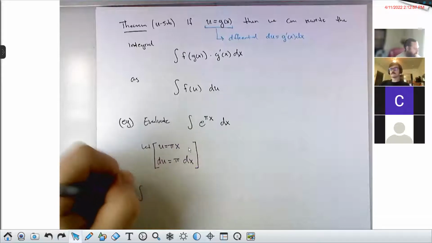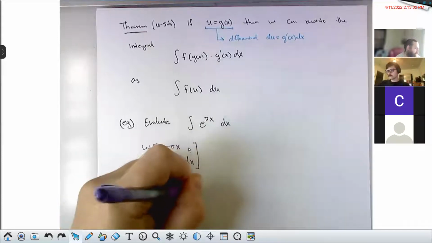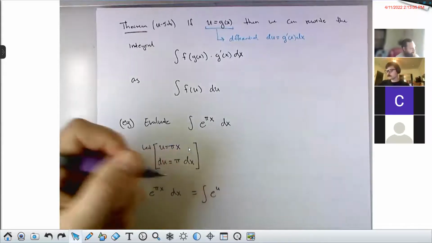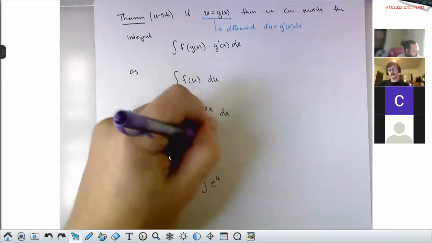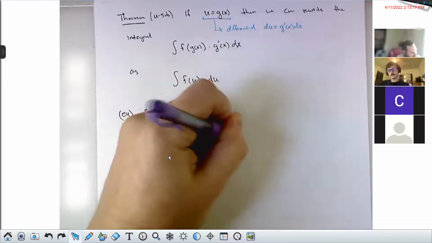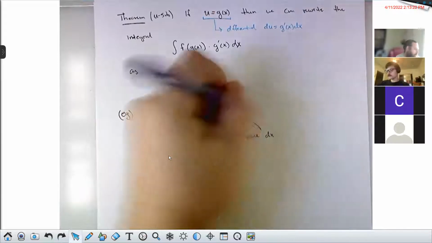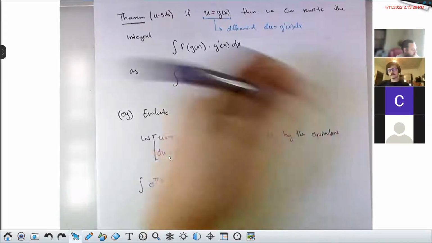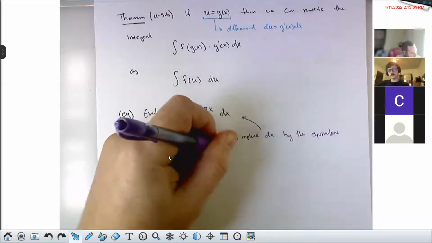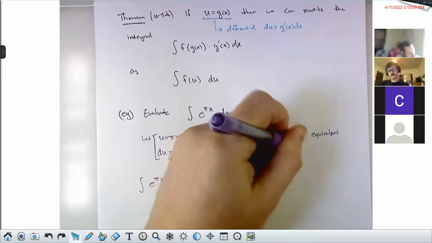Under this substitution, the integral of e to the pi x dx will become the integral of e to the u, but I need to replace the differential dx by its equivalent expression under du. Right?